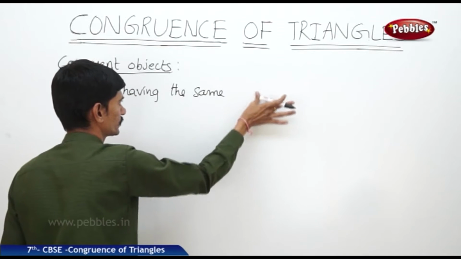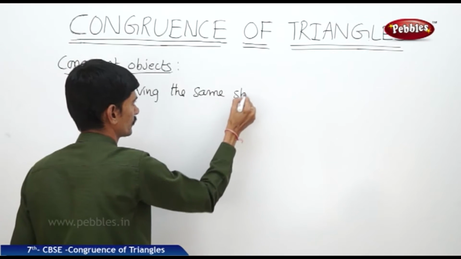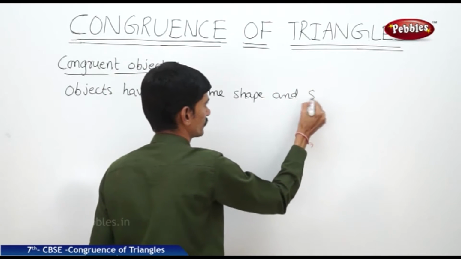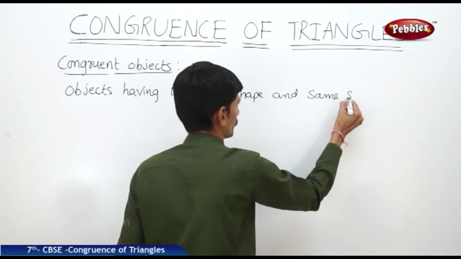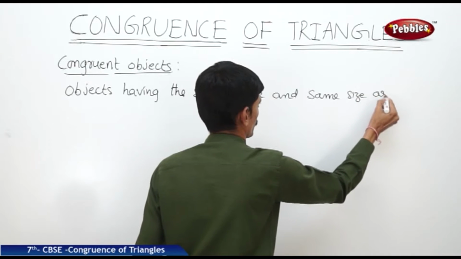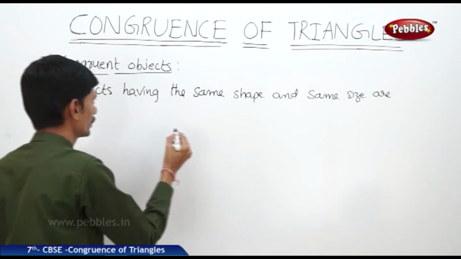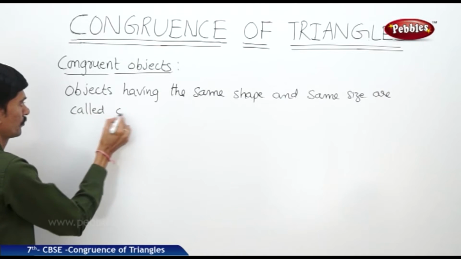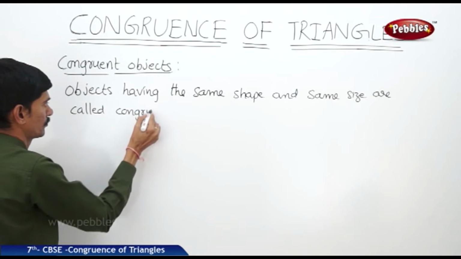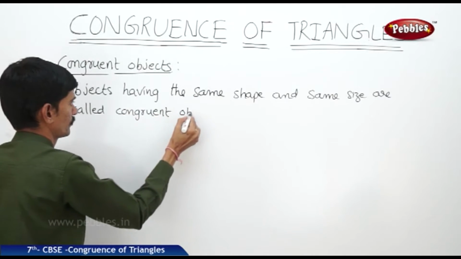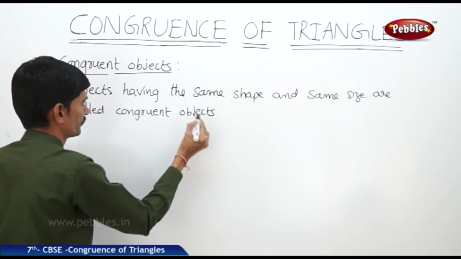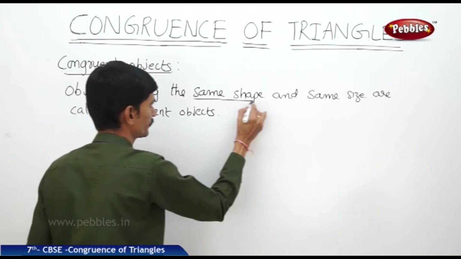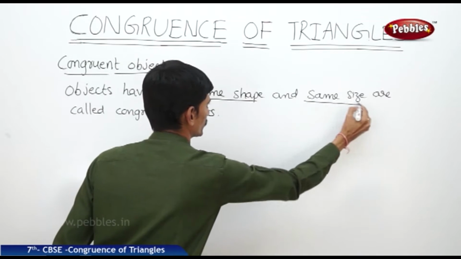So first you can write same shape and same size, are called congruent objects. Now any two congruent objects have the same shape and also the same size.